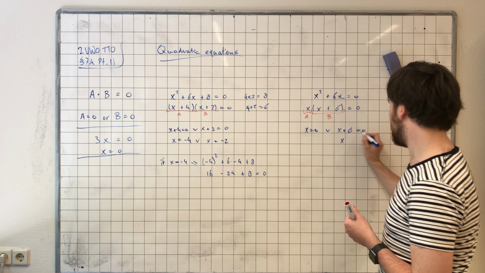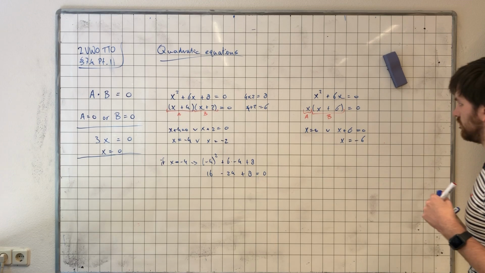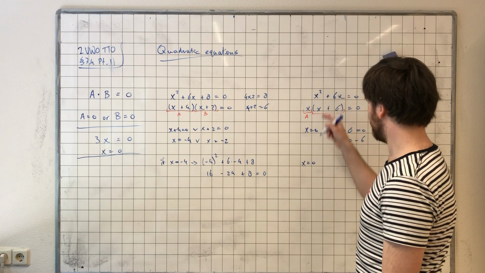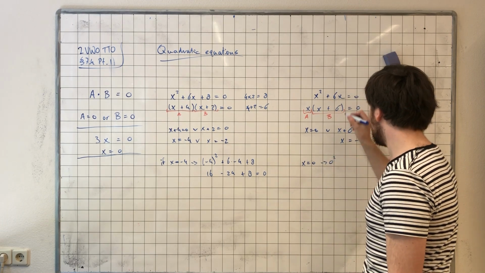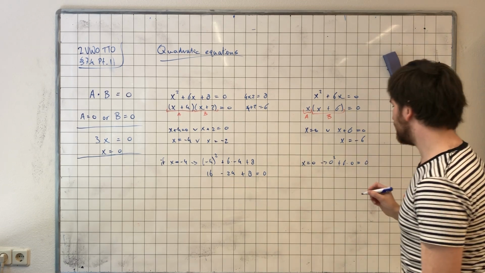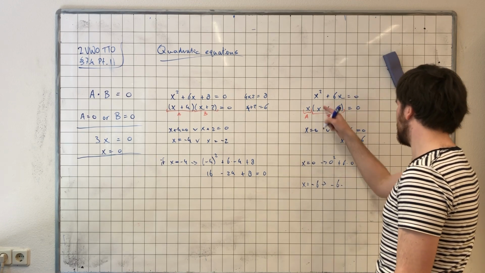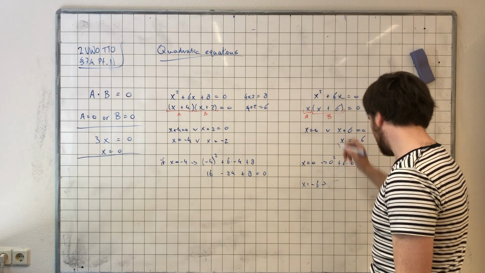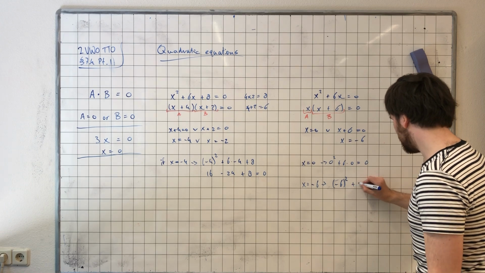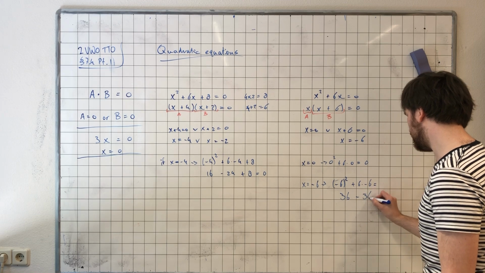So if x plus 6 equals 0, something plus 6 is 0, so something has to be minus 6. And we can check both of these answers. For example, if x equals 0, we have 0 squared plus 6 times 0, which is 0. And if we fill in minus 6, then we have minus 6 squared plus 6 times minus 6. This is 36 minus 36, which is also 0.